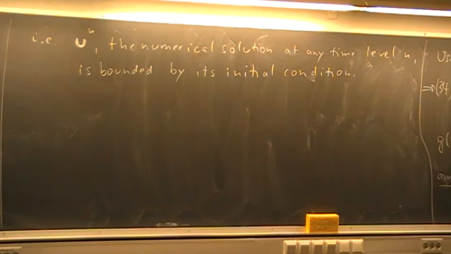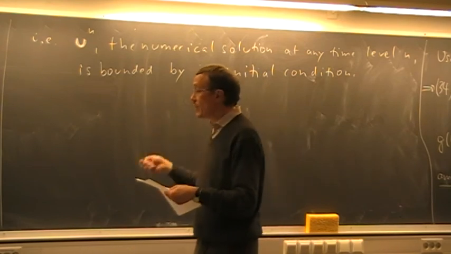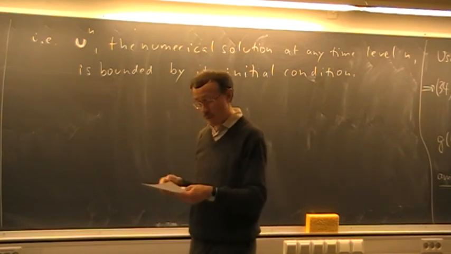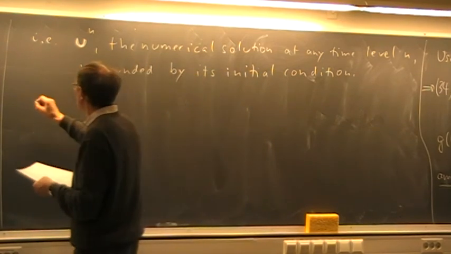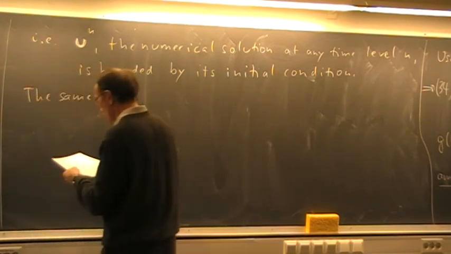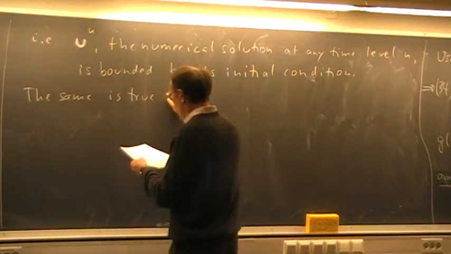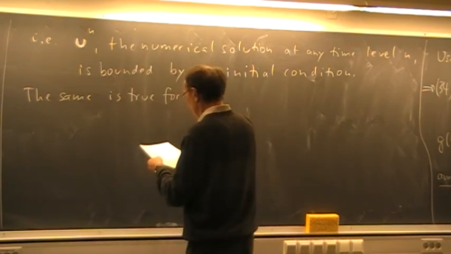And we have now the arguments for the numerical solution, but we can have the same arguments for the rounding error, because the form of the finite difference method and the representation as some finite sum of Fourier modes is just the same. So we just note that what we are saying here about the numerical solution is true for the rounding error.